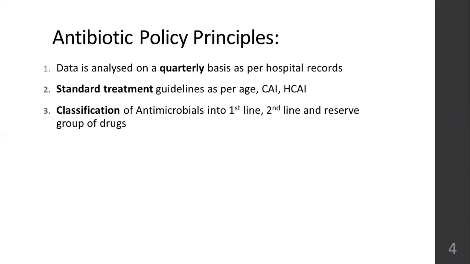Second line for broad spectrum, and the reserve group of drugs should be used for resistant bacteria. Don't use reserve group drugs or high class antibiotics to tackle small infections. So that is how you have to classify antimicrobials and use them accordingly.